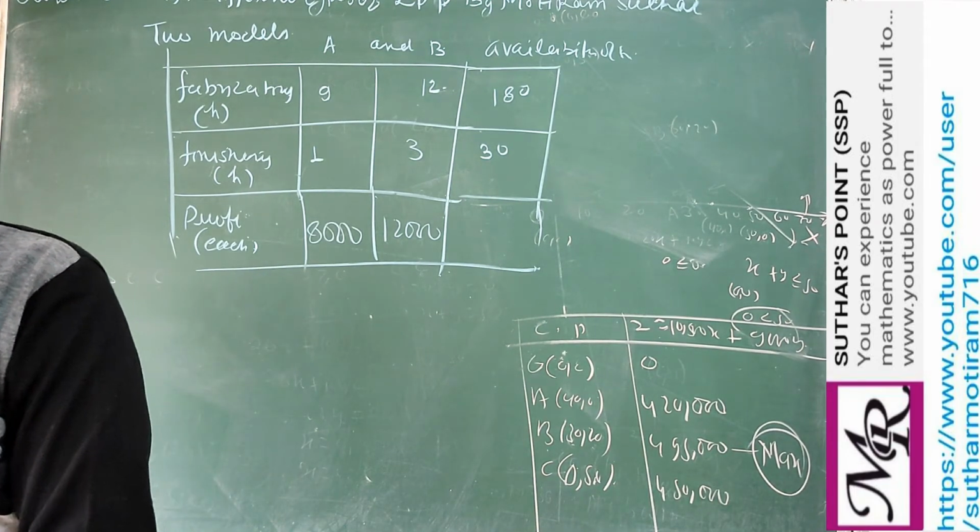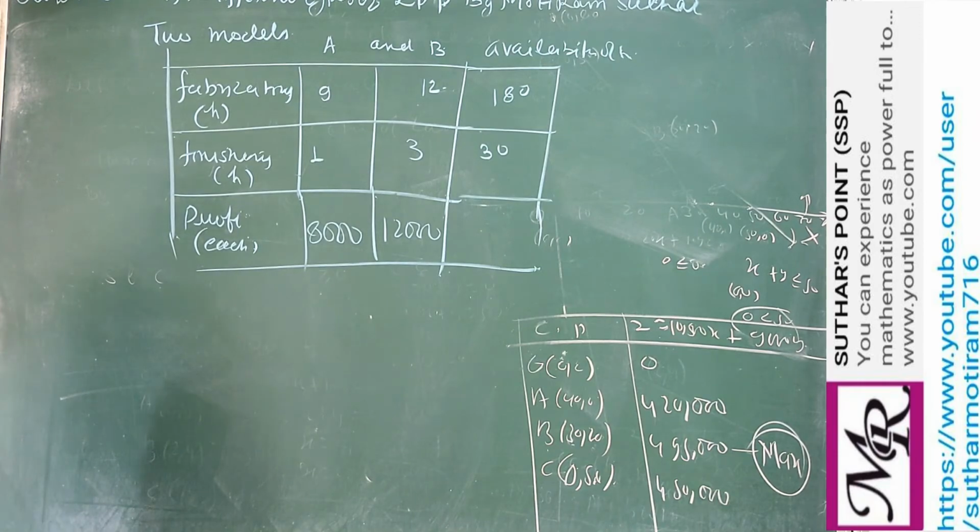Now it asks how many pieces of model A and model B should be manufactured per week to realize the maximum profit.